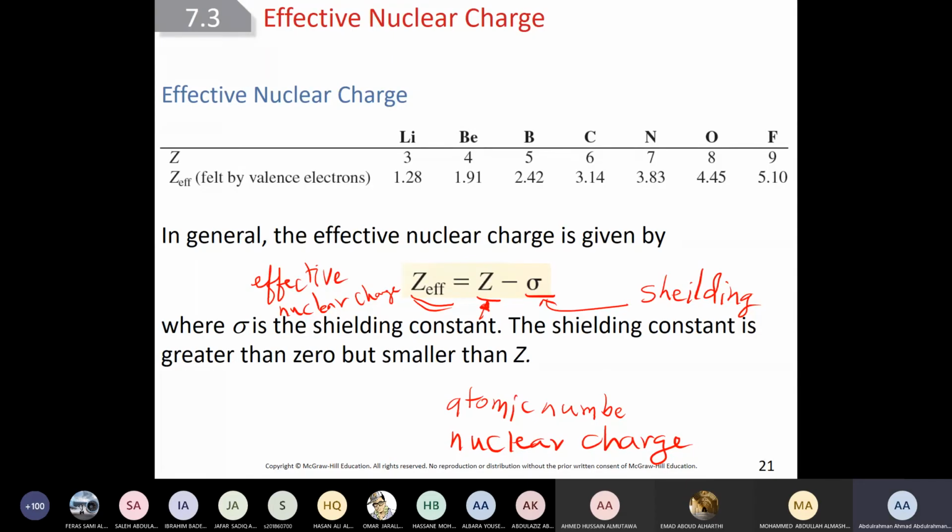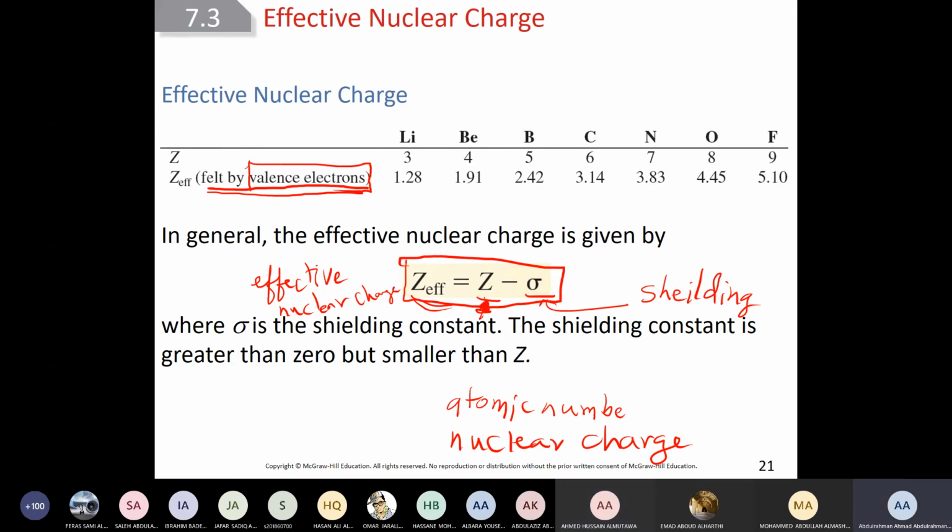Is this clear? Don't memorize any number. I want you only to memorize the equation. But the numbers, don't memorize any number other than Z. Of course, everybody knows what is Z for any element. Okay, so the effective nuclear charge has the meaning felt by valence electrons.